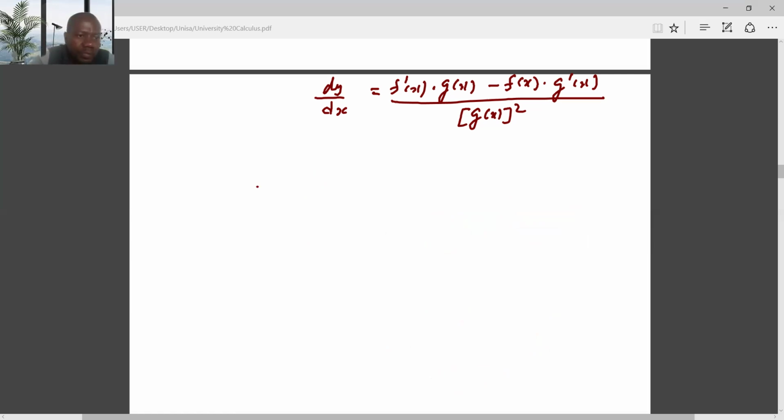Now, we'll do this. y equals sec x. We wanted to know what is the derivative of sec x.